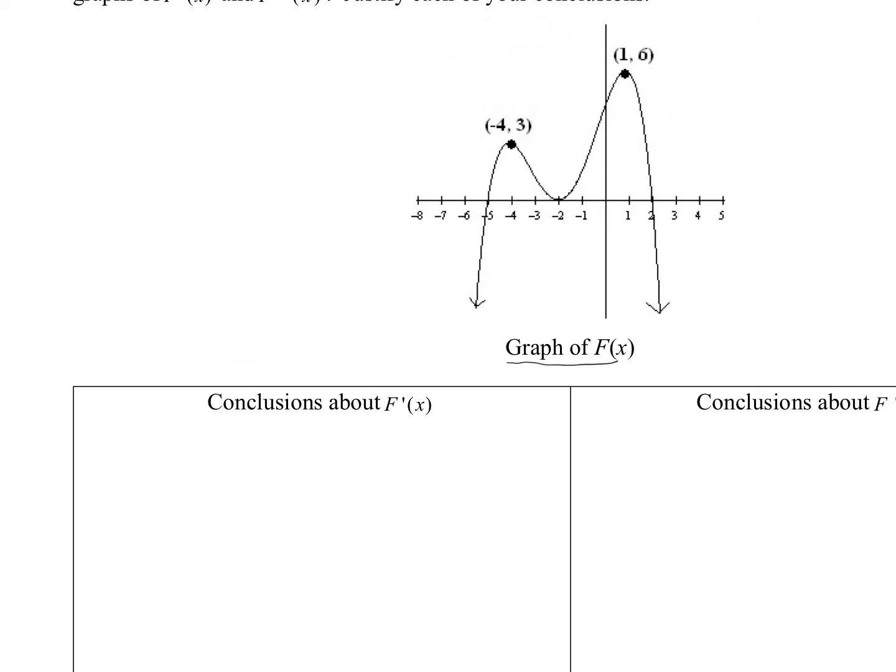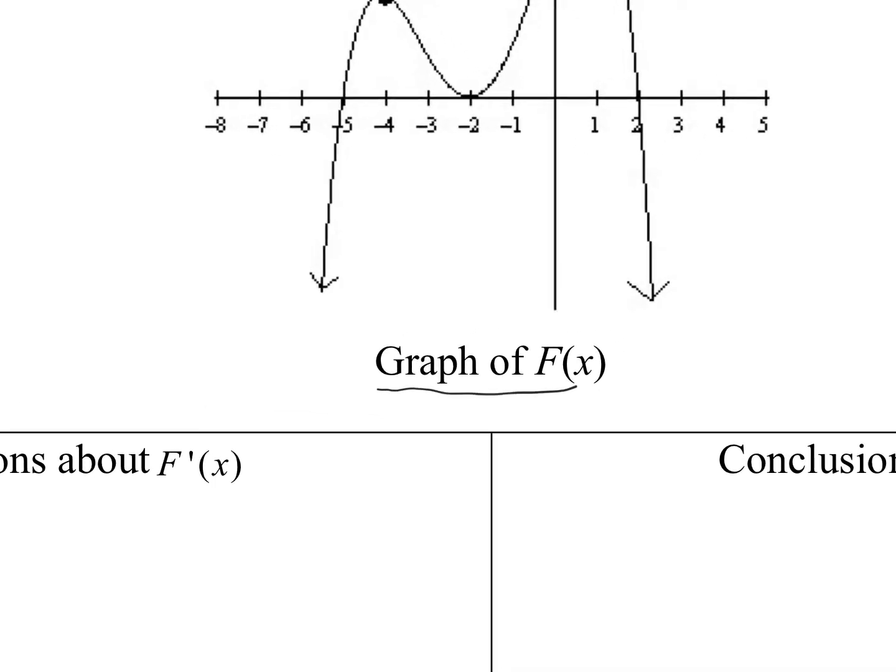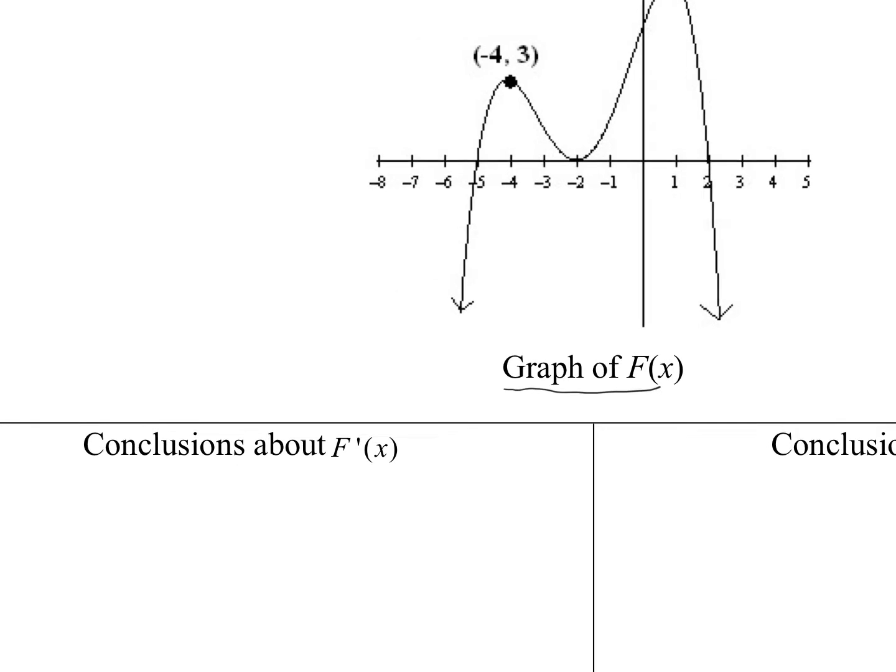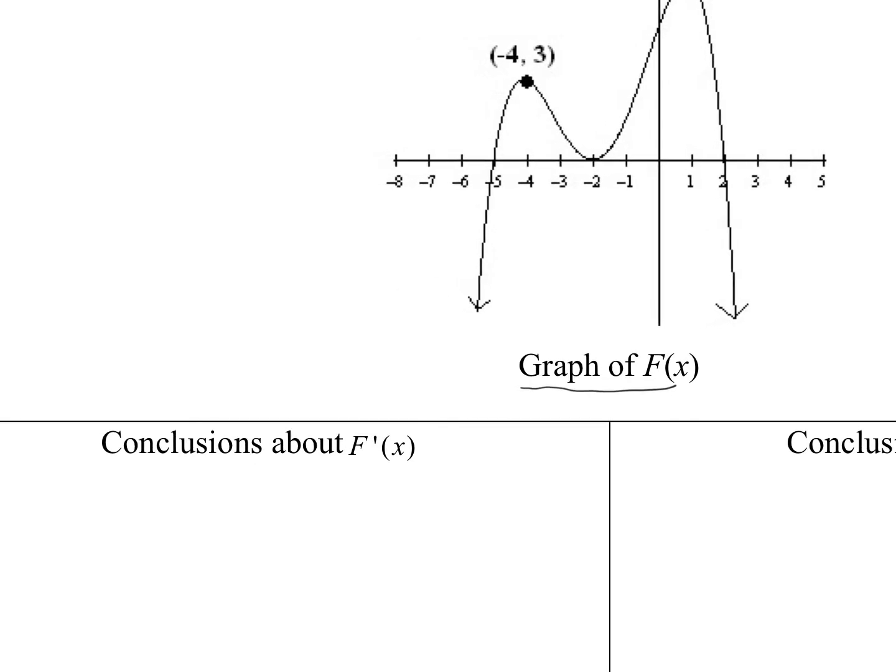The first thing I always think about is increasing and decreasing. I can talk about maxes and mins, and what the maxes and mins mean regarding either f prime or f double prime. But since we're looking at the graph of f, I know that it's increasing from negative infinity all the way to that relative maximum.